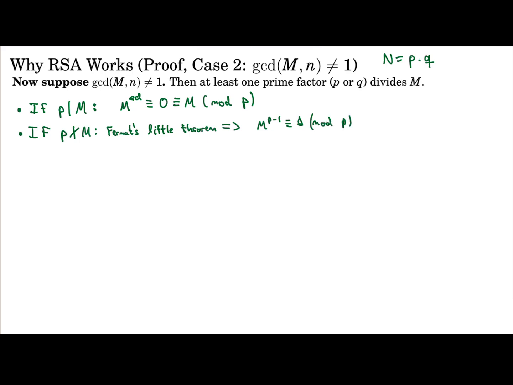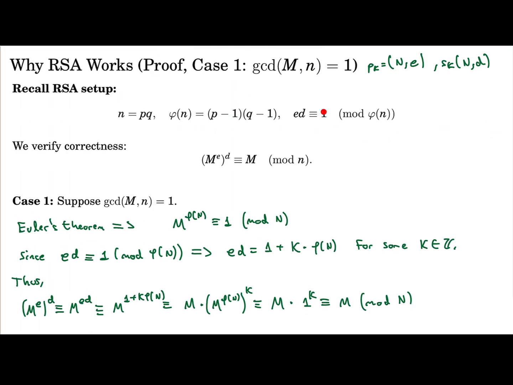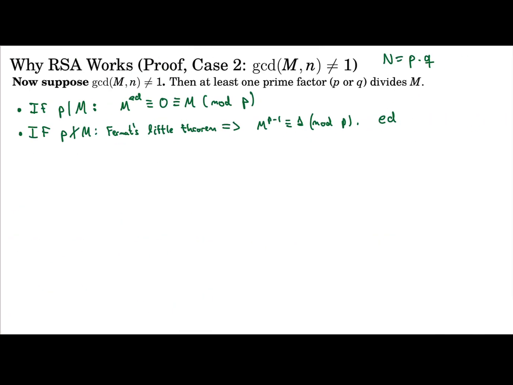Now, remember that we saw E times D is congruent to 1 mod phi of N. And so since phi of N is equal to P minus 1 times Q minus 1, this also means that ED has to be congruent to 1 mod P minus 1.